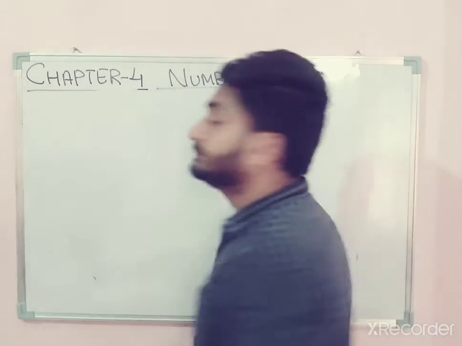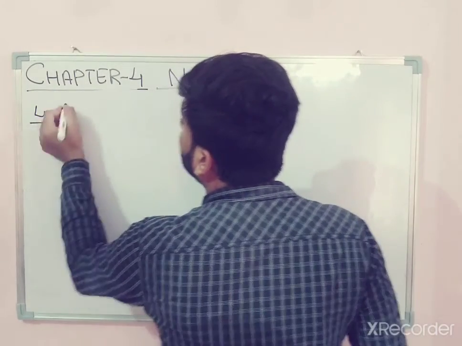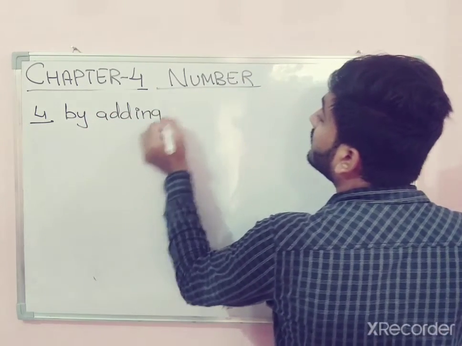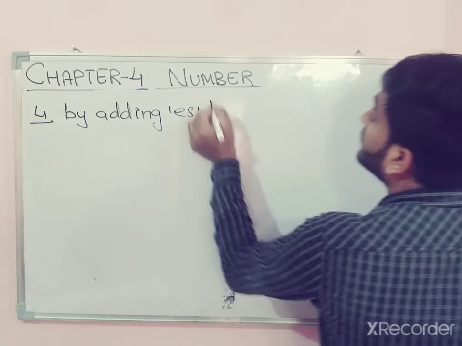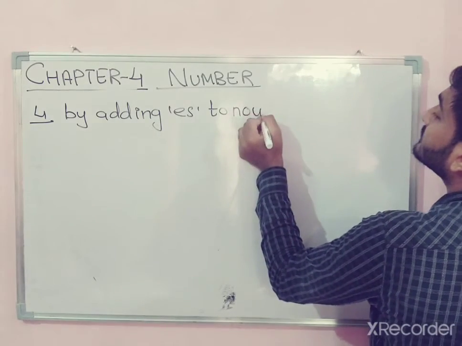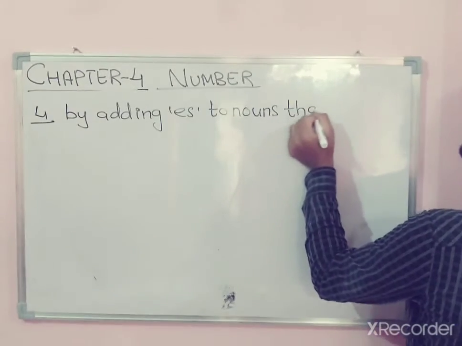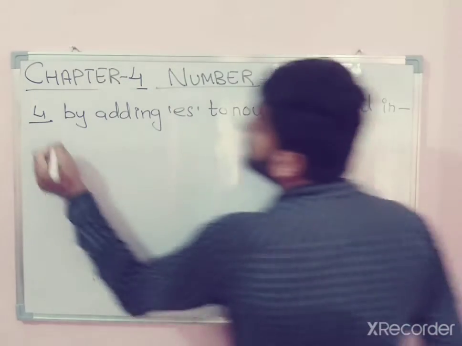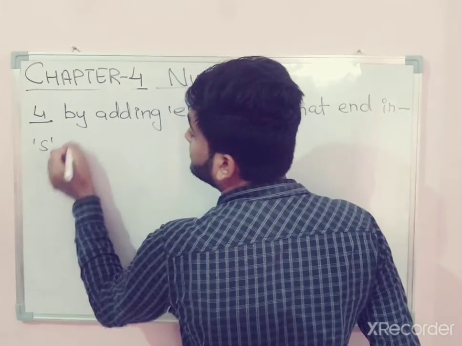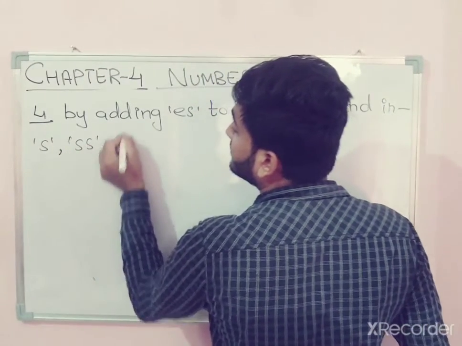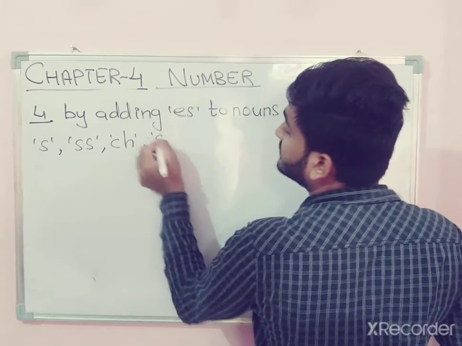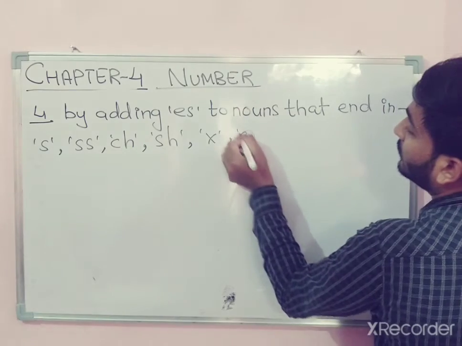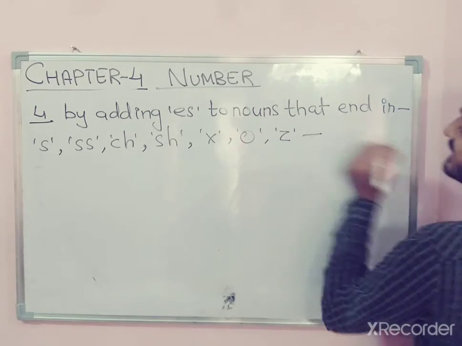Rule number 4, by adding es to nouns that end in s, ss, ch, sh, x, o or z.